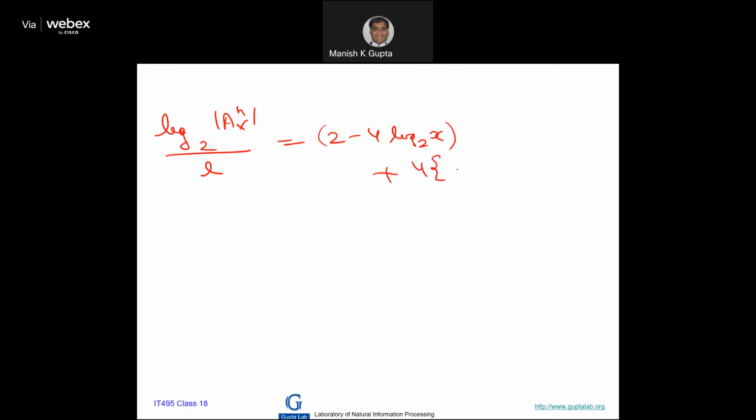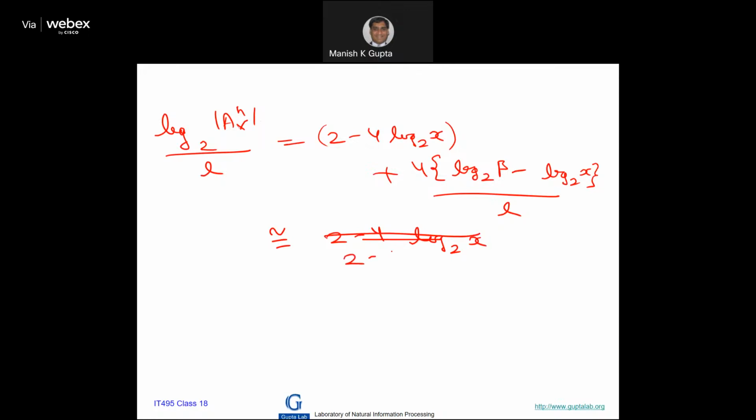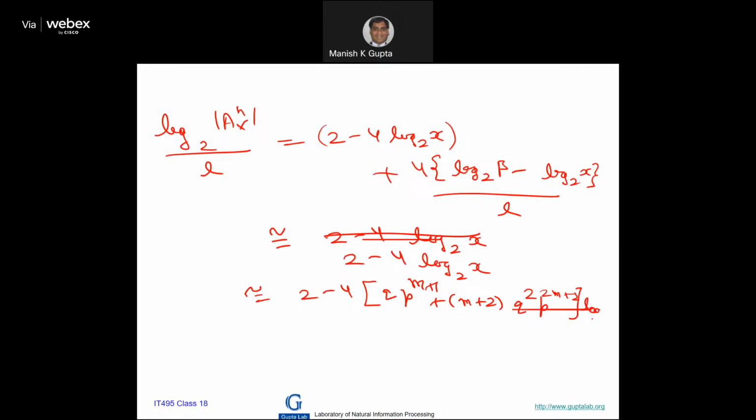These calculations are sometimes messy, but minus log base x divided by L. So this is equivalent to 2 minus 4 times log 2 base x, which is equivalent to 2 minus 4 times q times p raised to power m plus 1 plus m plus 2 q square p raised to power 2m plus 2 log 2 base e.